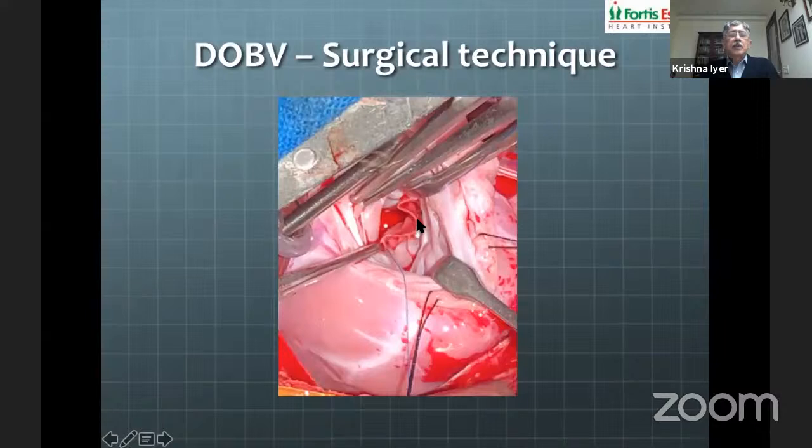Once you place the patch in between, you can see that anteriorly is the inlet into the pulmonary artery, which will be connected to the right ventricle. And here now is the subaortic residual defect, which is communicating with the left ventricle, and the aorta is here.